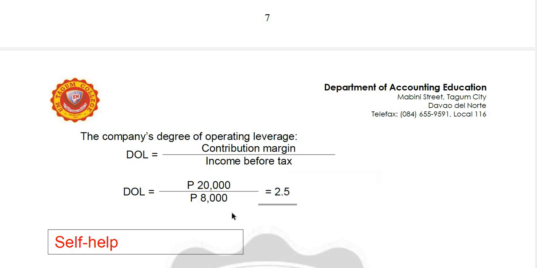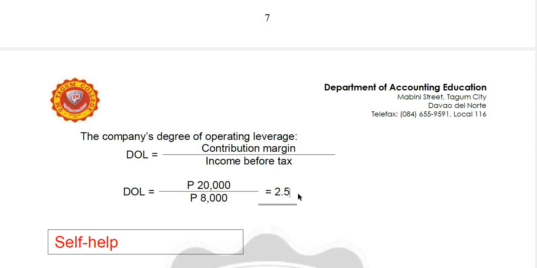So for example, the 10% increase times 2.5 becomes 25%. So your sales increased by 10%, and your profit before tax will increase by 25%, because the degree of operating leverage of the entity is 2.5 times.